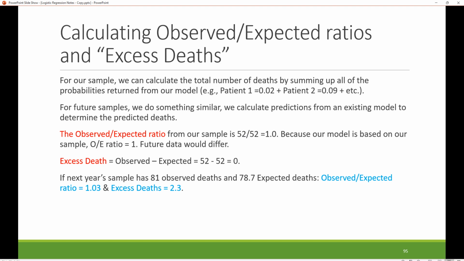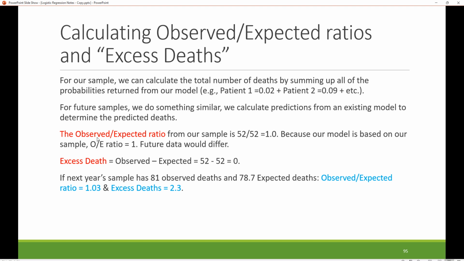So say my sample has a predicted chance of 0.05, and maybe your chance is 0.02. If we were to add up the predicted probability for all 758 rows, it would sum up to 52. But when we look at future data, that won't be the case.